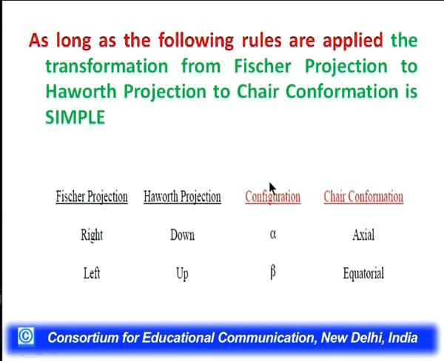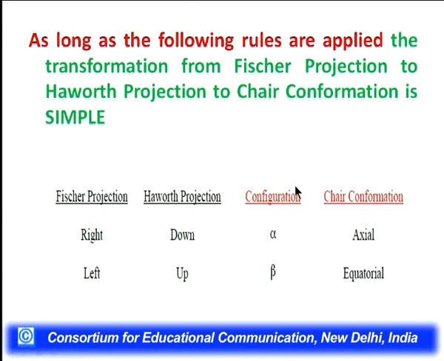And in case of chair form, if we talk of the configuration, then what you have to remember is that the group which is at the lower end at the anomeric carbon will have the alpha configuration, whereas groups which are on the left in Fischer projection, they will go up in the Haworth projection. And then what you have to remember is, if the OH on the anomeric carbon is also up, then we'll say that it is the beta configuration.